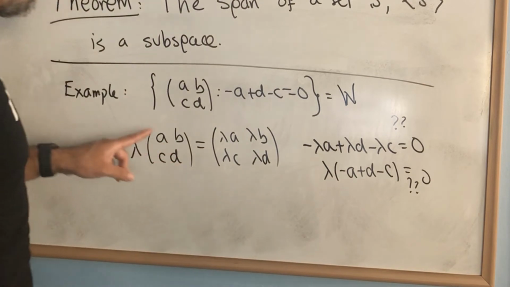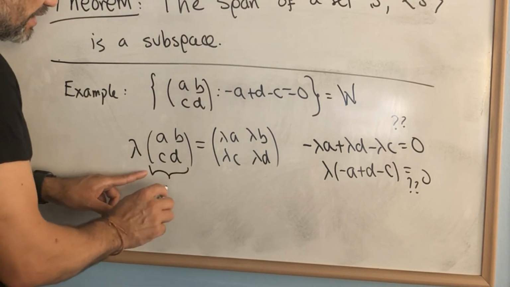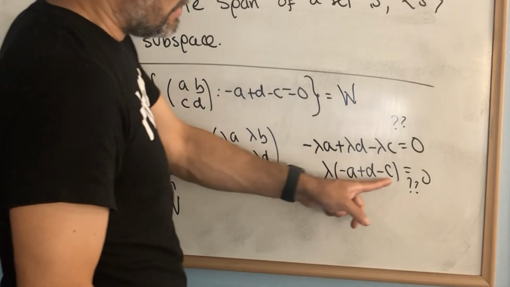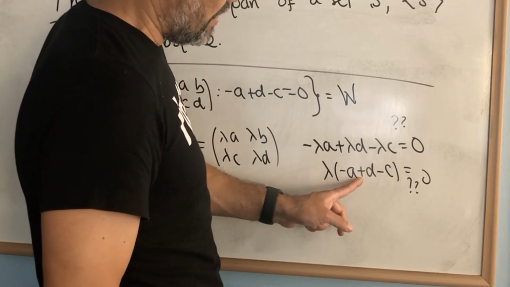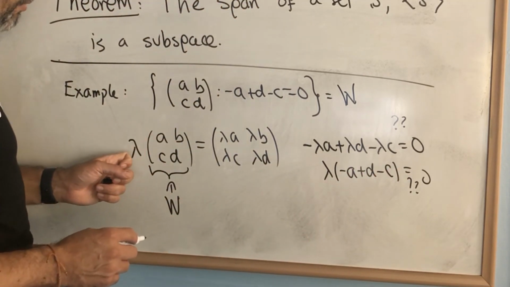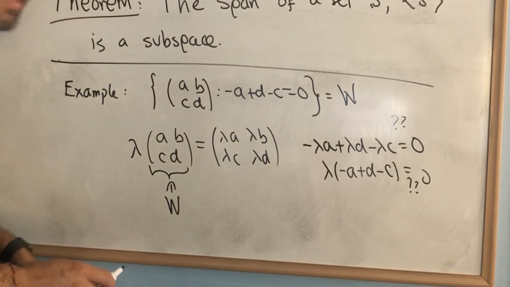But this is 0 because we start with a matrix in W. And since this matrix is in W, then this negative A plus D minus C is 0. Therefore, when we multiply by lambda, we still get a matrix that satisfies the equation.